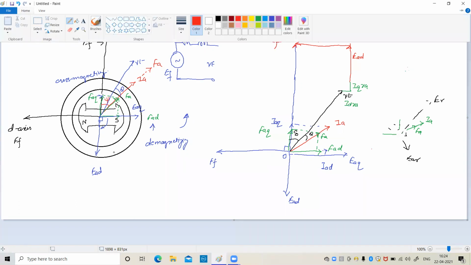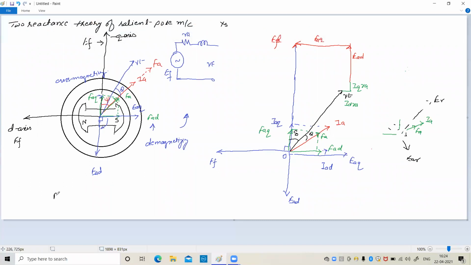We can write the equation as EF equal to VT, the terminal voltage, plus IDRA plus IQRA, plus the voltage drops EAD plus EAQ. All are vectors, so it is a vector addition. And this is the terminal voltage.